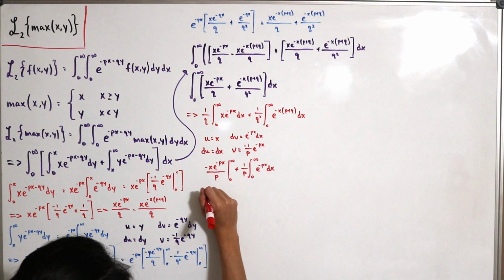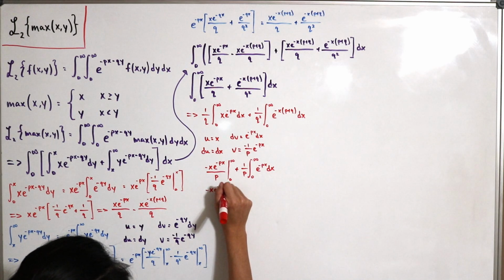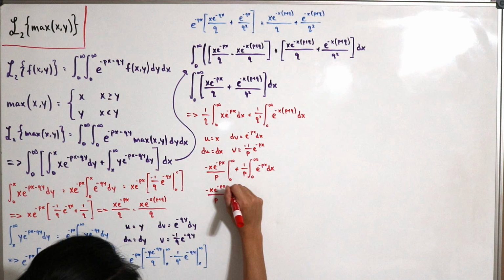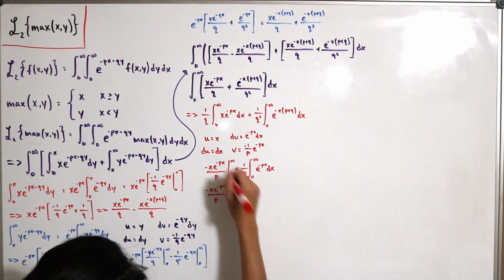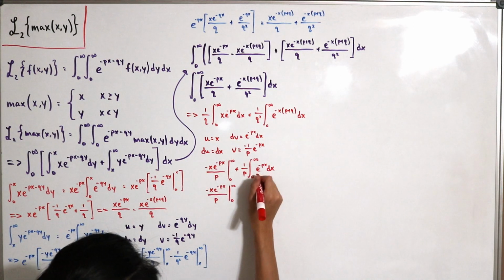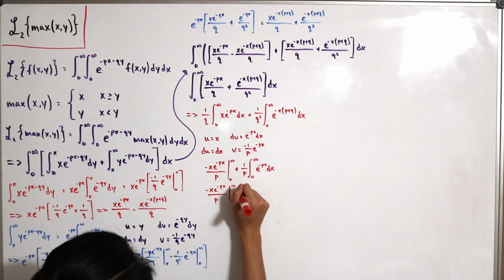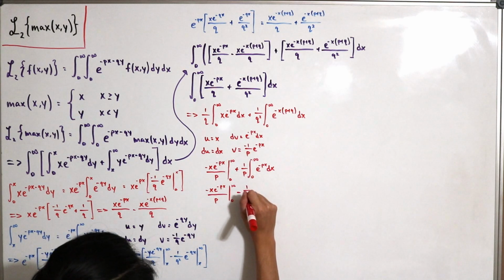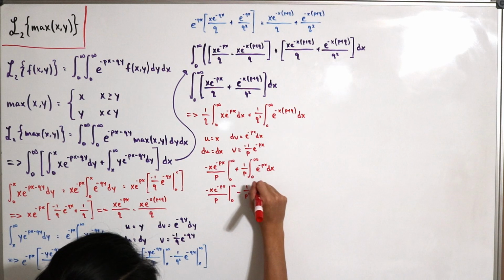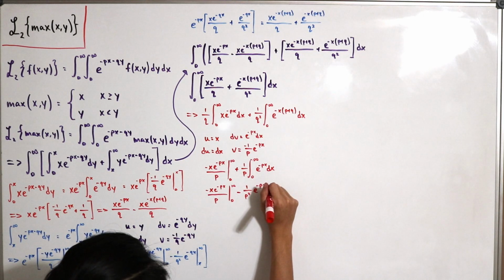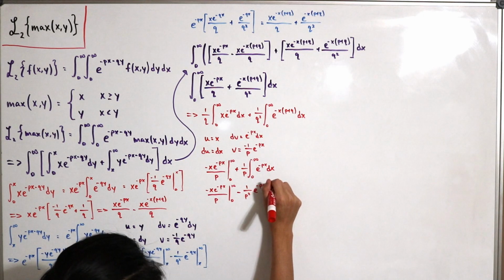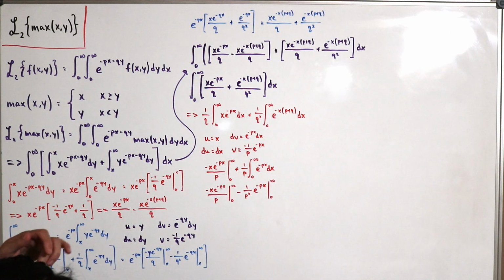Now we do all this, then this is negative e^(-px) divided by p, still keeping the same thing for the left term. We're just taking care of the right term for just a sec. Do this again, so this is minus 1 over p squared times e^(-px), from of course 0 to infinity.